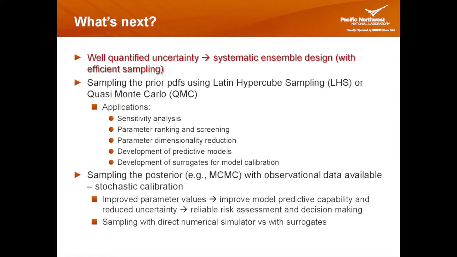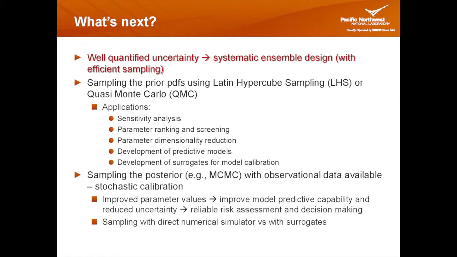Or develop surrogates, which is similar, but surrogates can be used further for model calibration. For example, you cannot afford to use the model directly because it's too computationally expensive, so you use the surrogates as an alternative. In this case, you need to validate the surrogate to make sure it actually works, or you can develop a surrogate at a certain location or period. It is not always true.